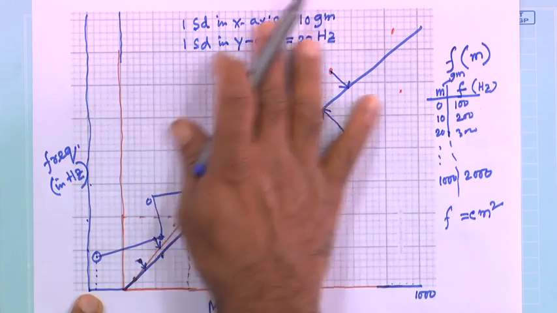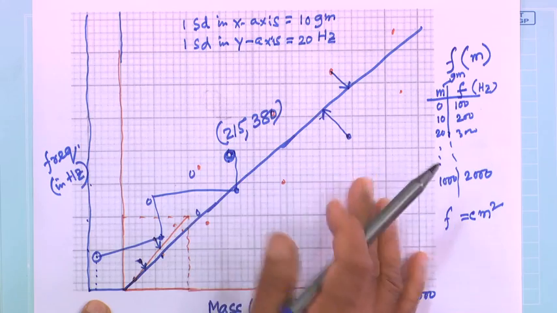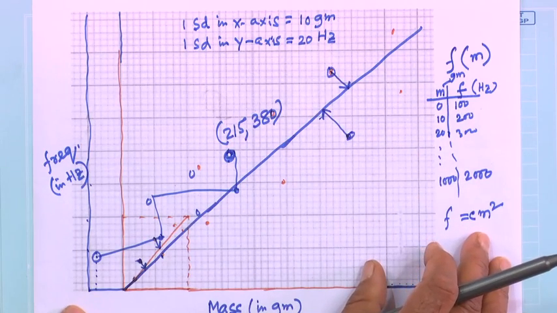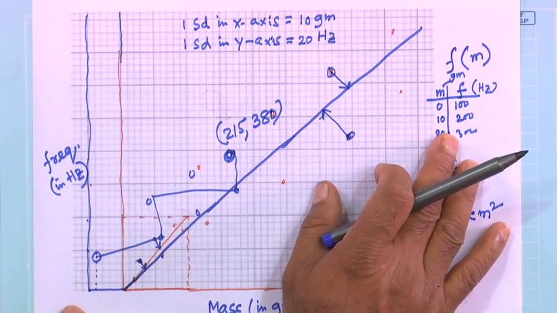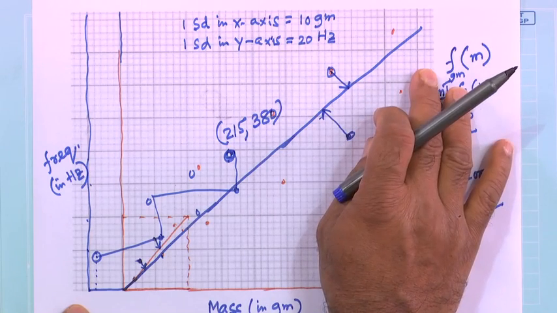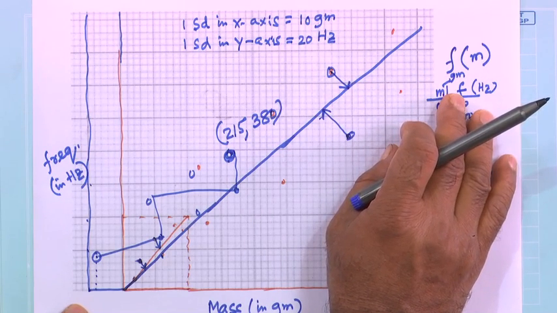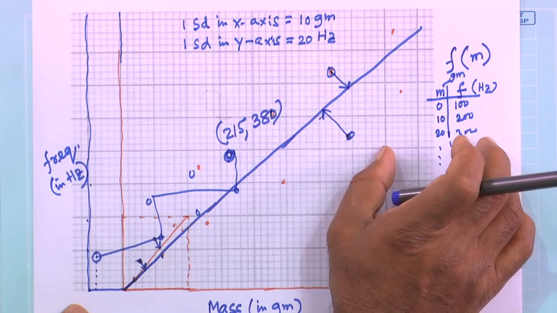So, all information should be on this graph, and anyone can see it and find out the value of any point on this graph. Okay. Now, after plotting the points, why do we need to draw an average line or average curve? Basically, you have taken discrete data, it is not continuous data.